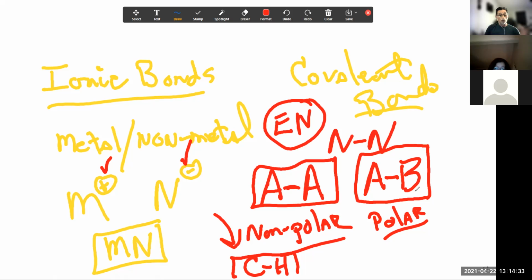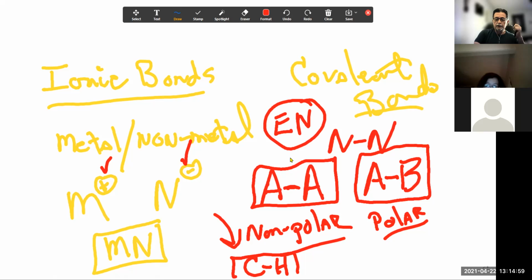A and B are totally different atoms, therefore we have a change in electronegativity, which makes it a polar bond. AA, same atom, so the electronegativity is the same in both cases. There's an equal pull, equal sharing. All right, let us go back to the chapter.